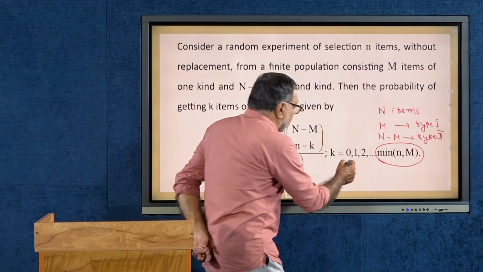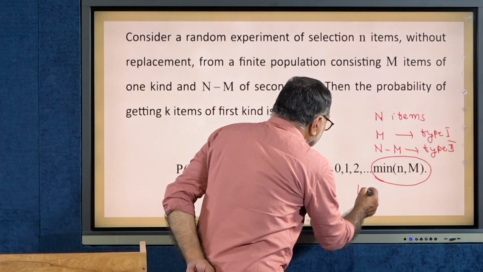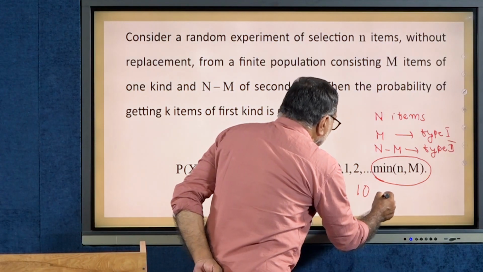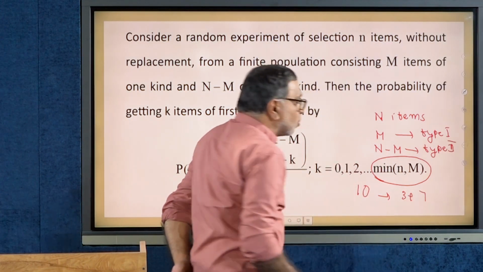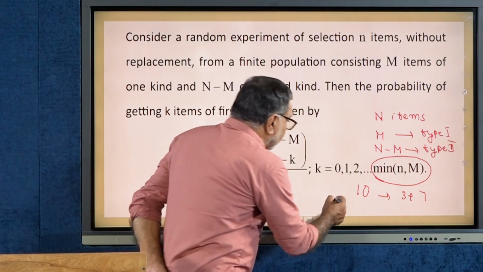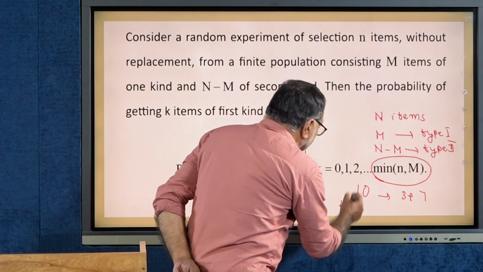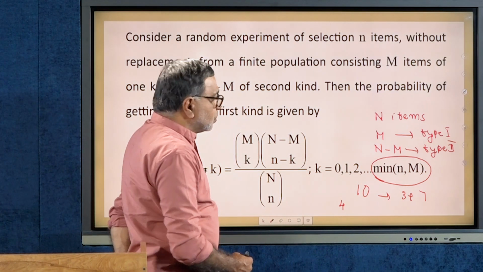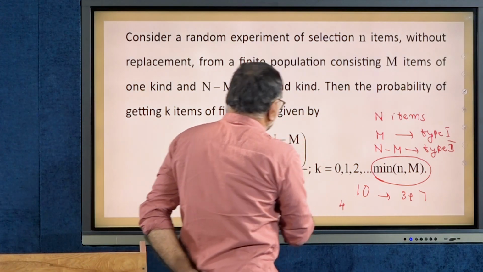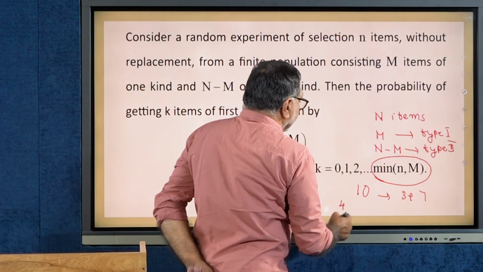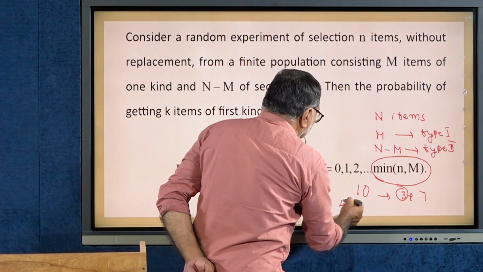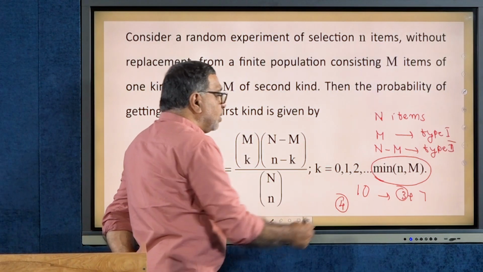So suppose we have 10 items of which 3 are of first type and 7 are of the second type, and we are selecting 4 items. What is the probability of getting k items of first type? Here 3 and 4, consider the minimum, which is 3.